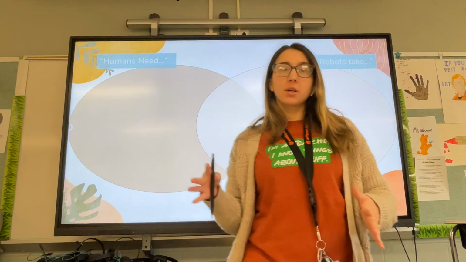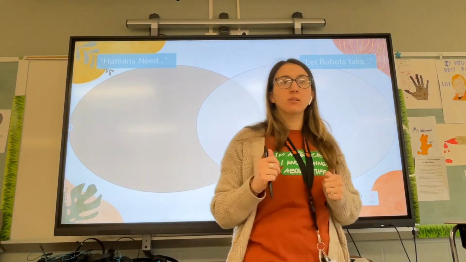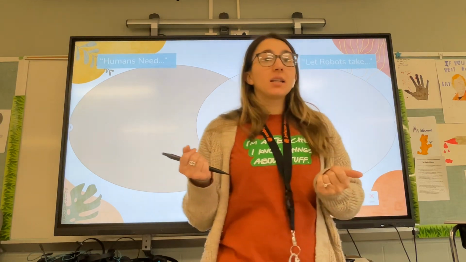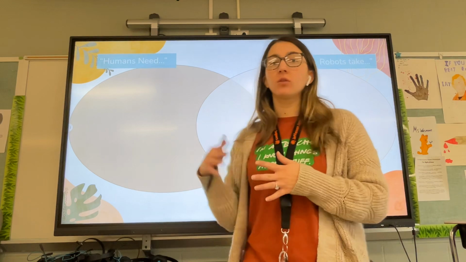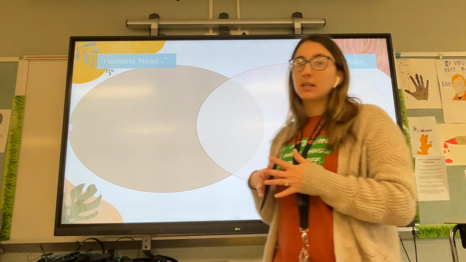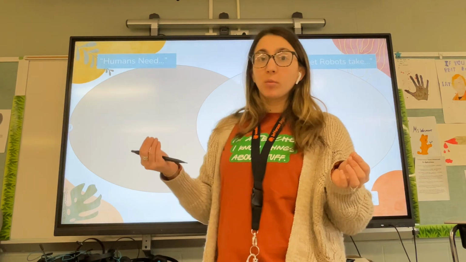So today what we're going to be doing, or what you guys are going to be doing, and what we're going to kind of be doing together a little bit during this video, is looking at the different arguments since we finished both of the argumentative articles yesterday. Using this Venn diagram, we'll look at some of the similarities and differences of these arguments.